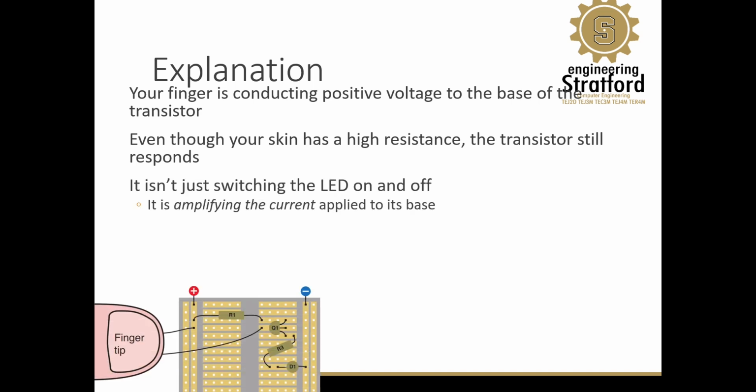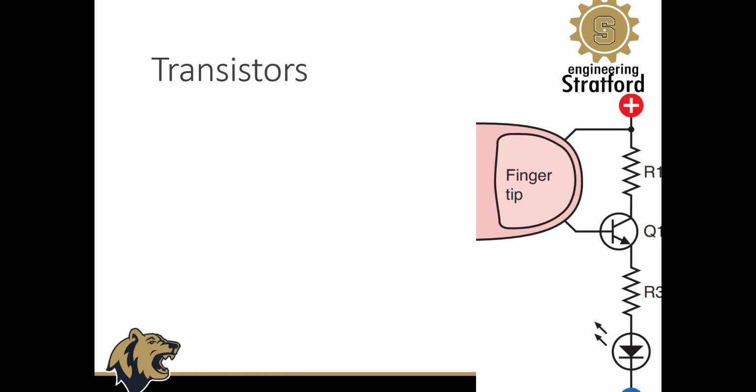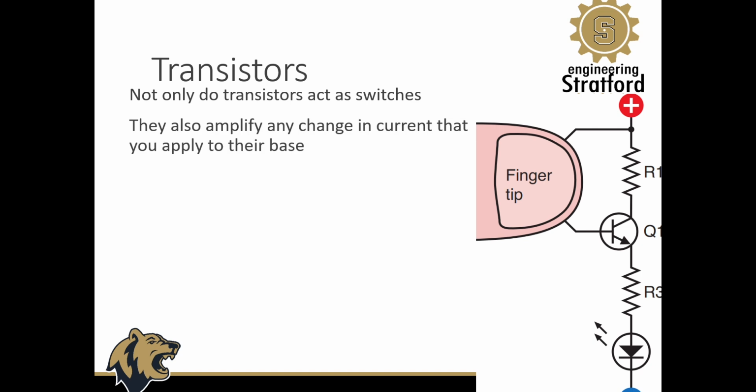It isn't just switching the LED on and off, it's actually, a lot of people call a transistor an amplifier because it's amplifying the current applied to its base. Tiny, tiny trickle of current got to the base, but that amplifies it by providing enough current to get through to the LED to light up. So not only do transistors act as switches, they also amplify any change in current that you apply to their base.